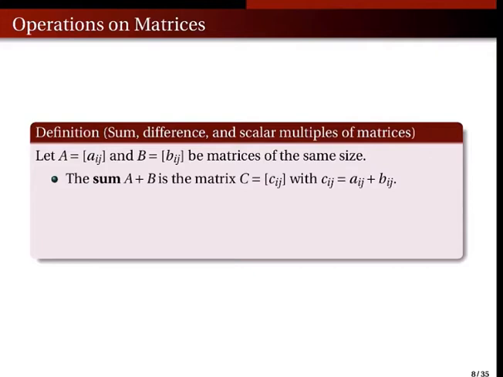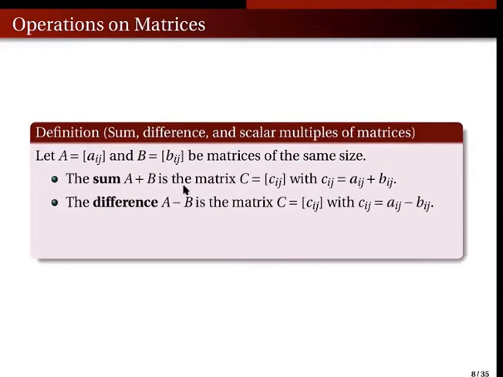You add entry-wise. And then for the difference, A minus B, this is a new matrix, capital C, where the entries Cij is equal to Aij minus Bij. So you subtract entry-wise. So addition and subtraction, entry-wise.